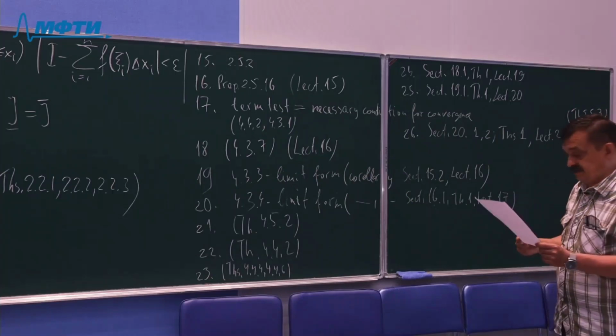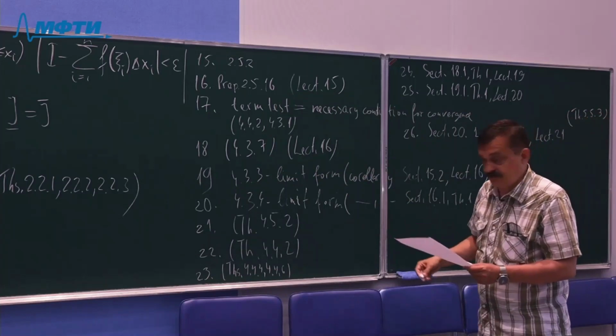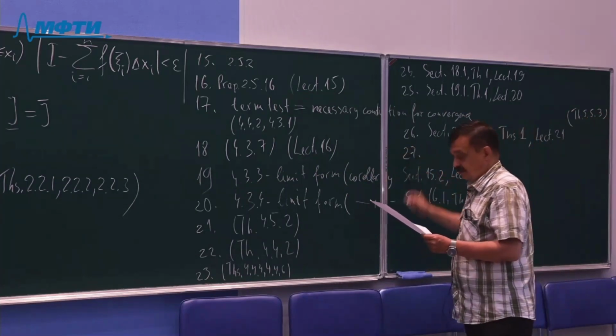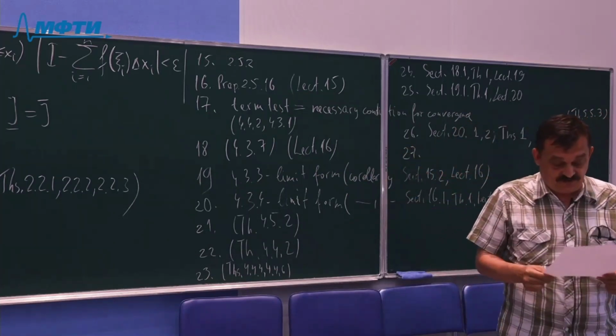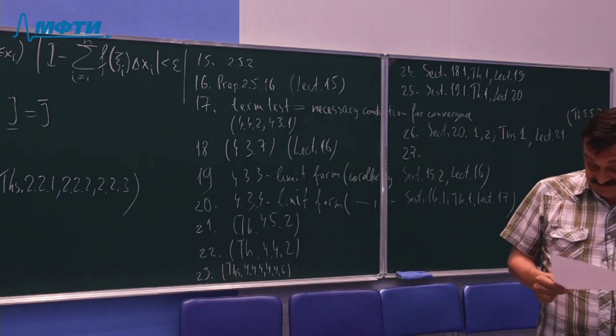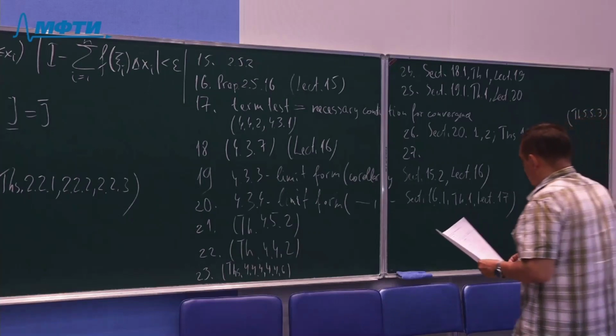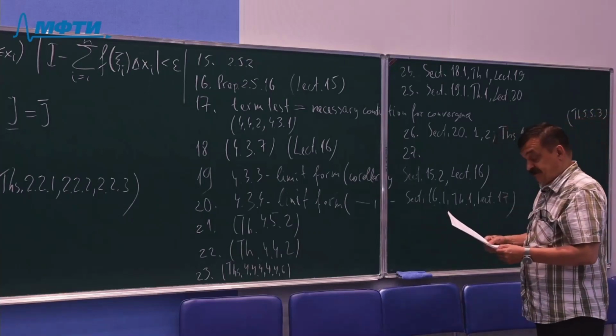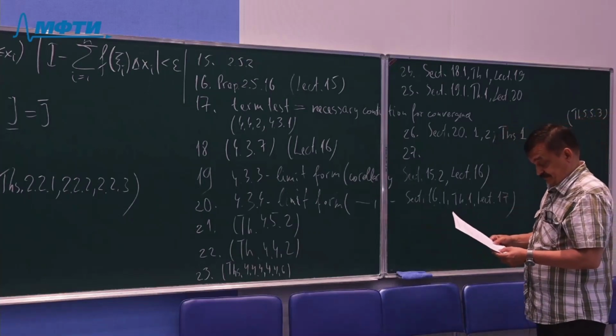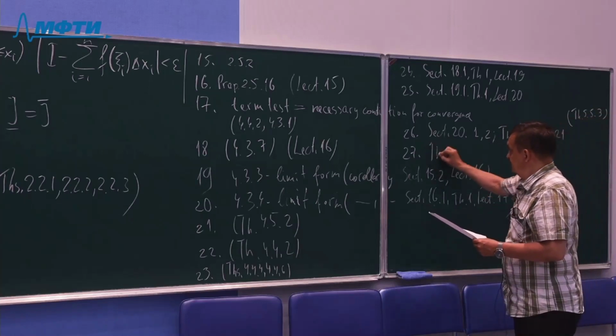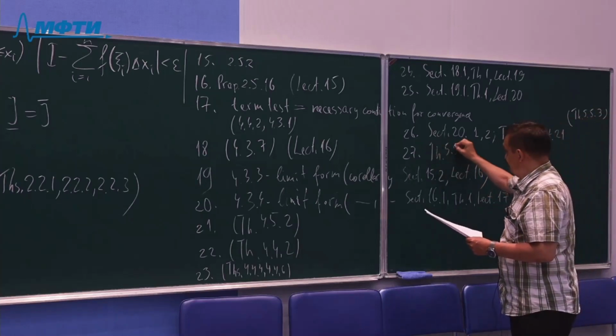Concerning question 27, Dirichlet and Abel tests for series of functions. Only the Dirichlet test was given in lecture notes as theorem 557, right?